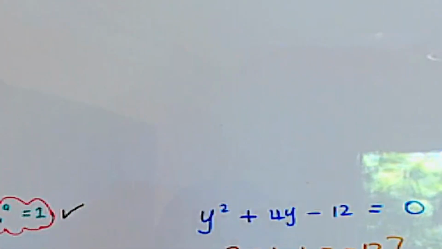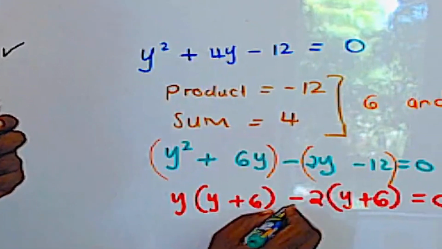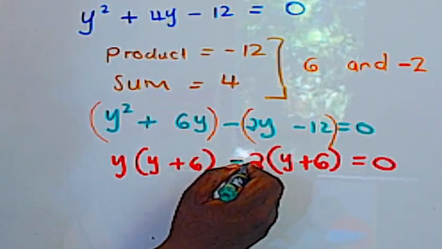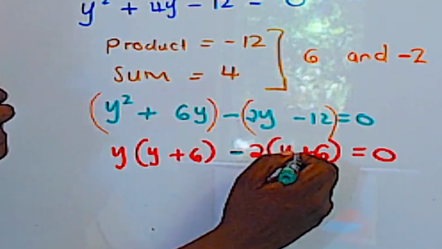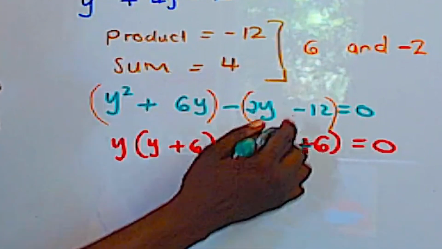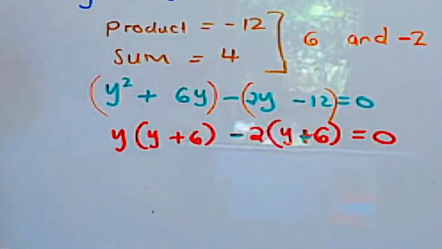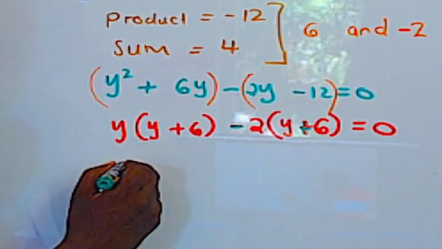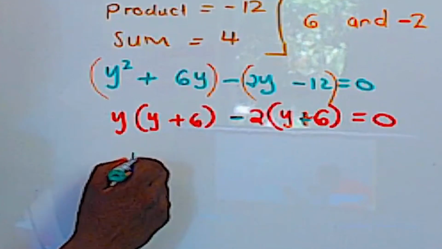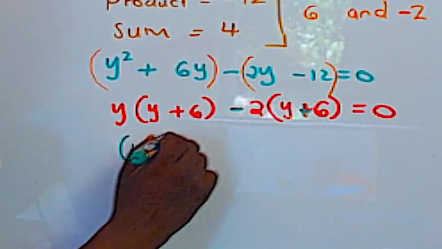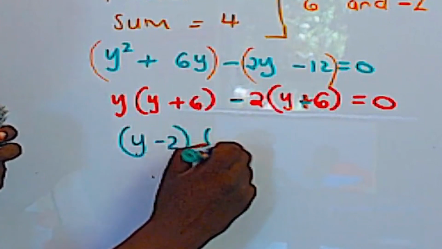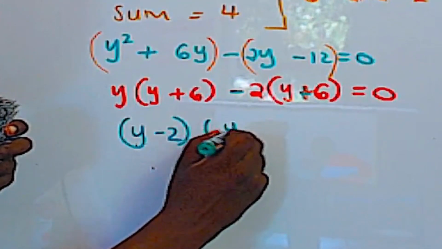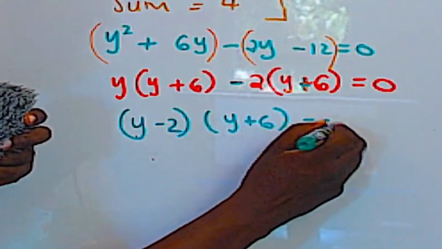If you open this bracket, you multiply negative 2 times positive 6, you are going to get negative 12. So we are going to factorize, and this is going to be (y minus 2) into (y plus 6) equals to 0.